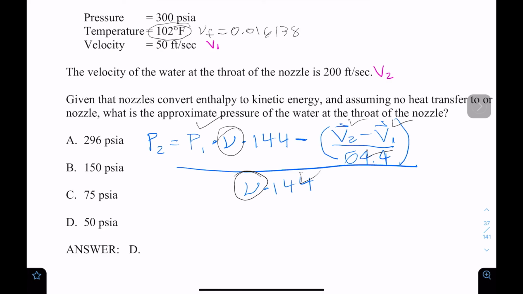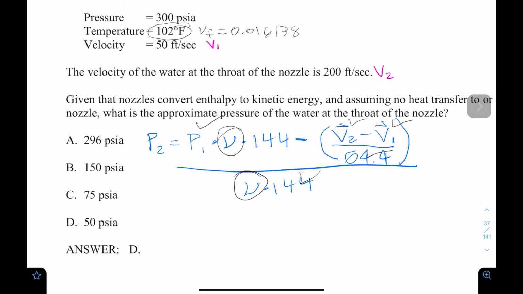If I get my pressure at 300, I can take a look at it. That's a very high pressure, honestly, so the specific volume is going to be way lower.